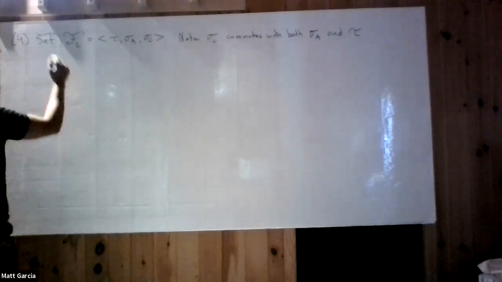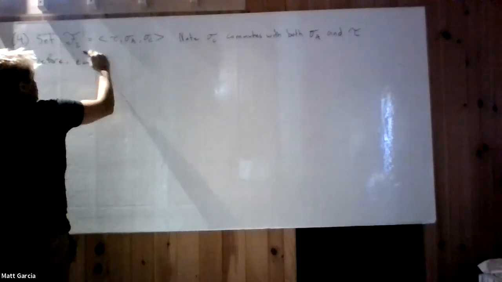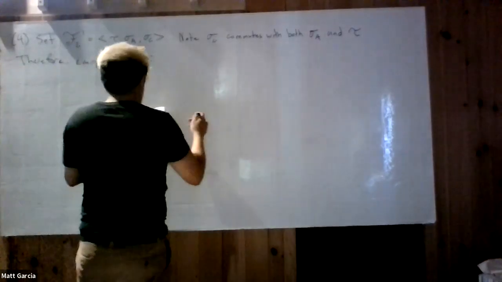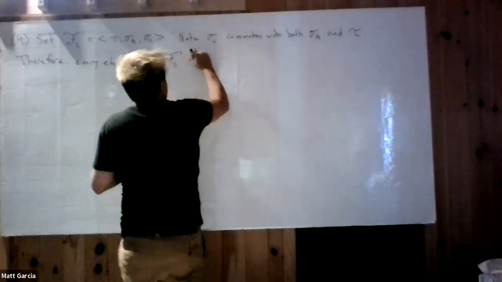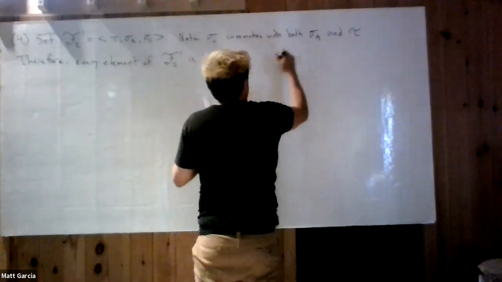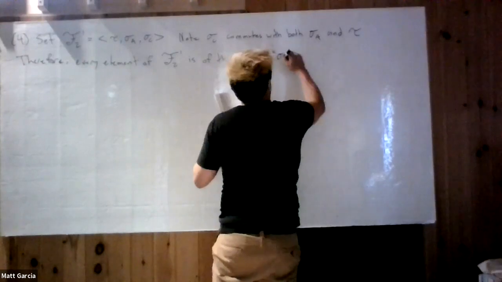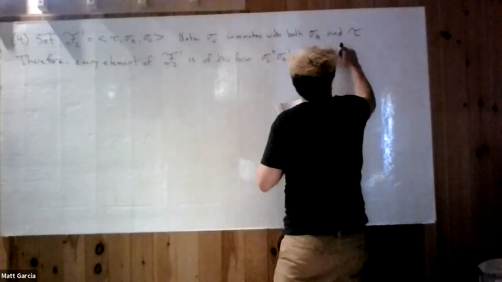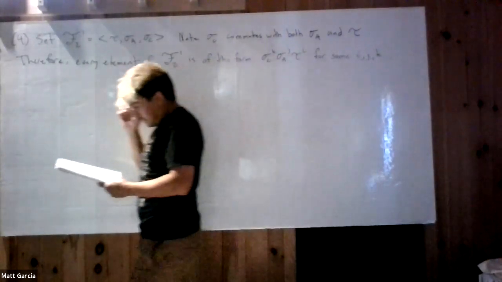So therefore every element of F21 is of the form sigma C to the K, sigma A to the J, tau to the I, for some I, J, and K. Okay.